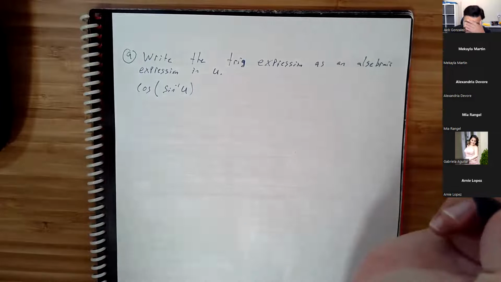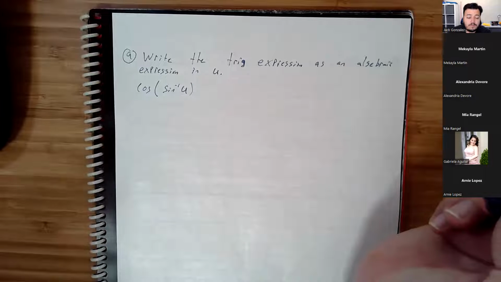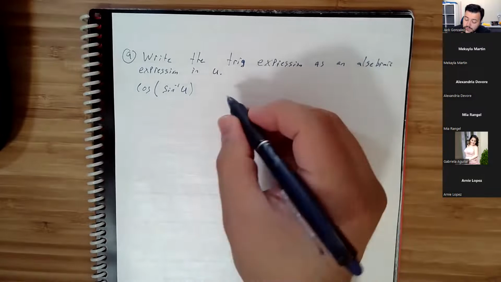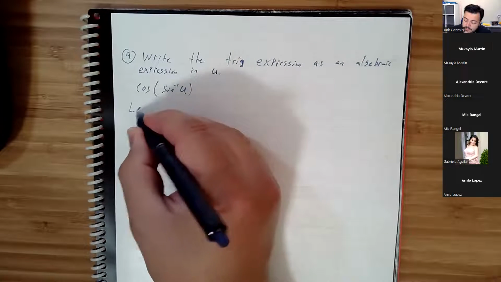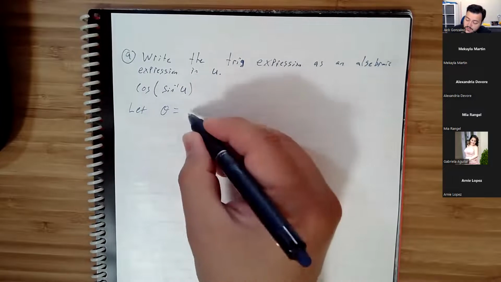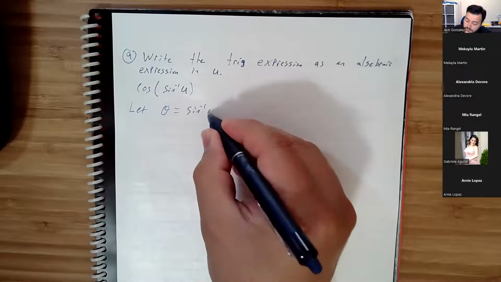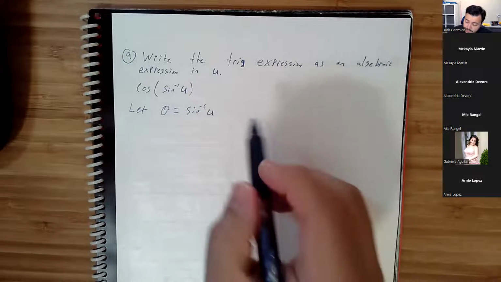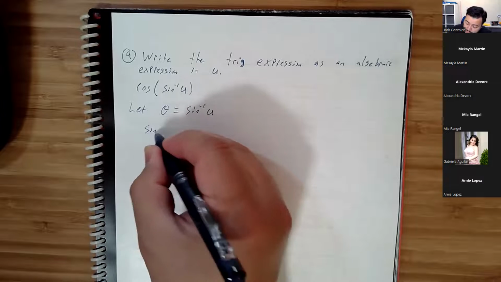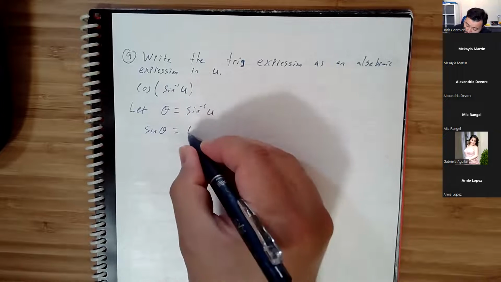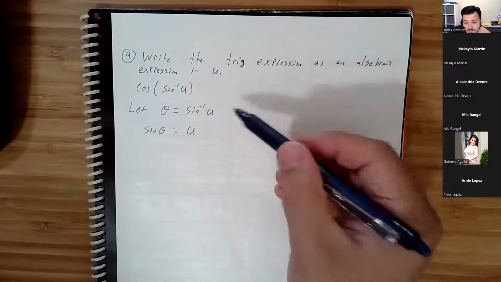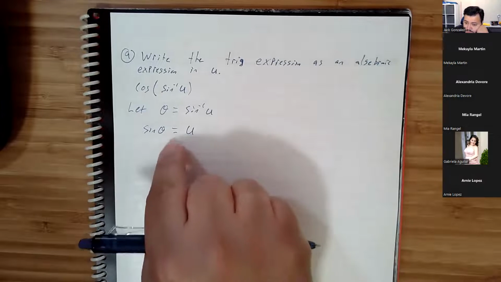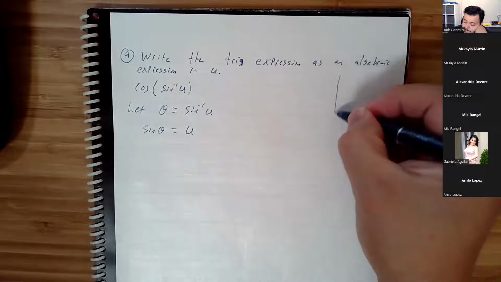This will be rewritten. So basically, I think we did one of these in the notes. We said the easiest way to do this is to let theta equal the inside, sine inverse. And then remember that that means that sine theta is equal to U, right? If you take the sine on both sides, or if you use the definition, you can jump to here. Using this information, you can build your triangle.